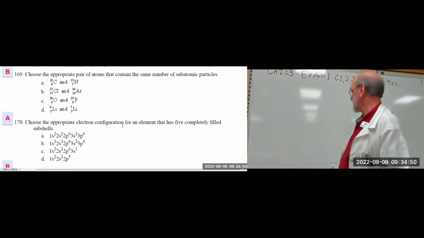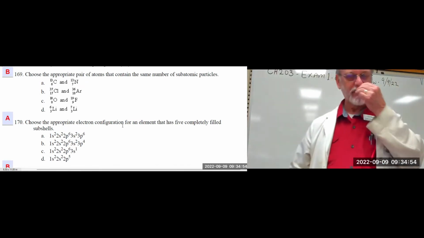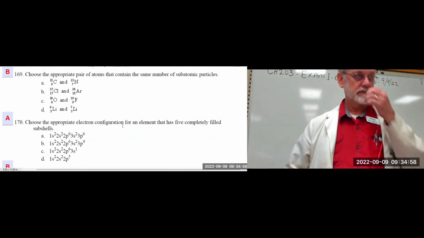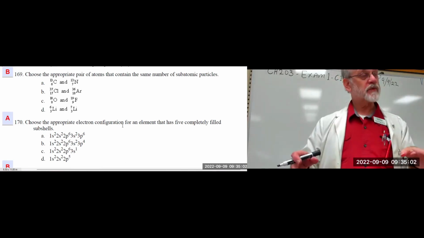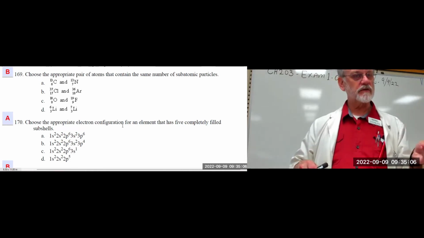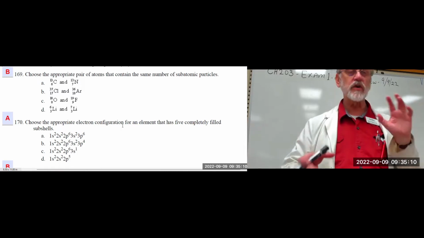All right, how about 169? Choose the pair that has the same number of subatomic particles. Well, they're all neutral, which means the number of protons equals the number of electrons. All right, so you don't have to do any calculations with charges.